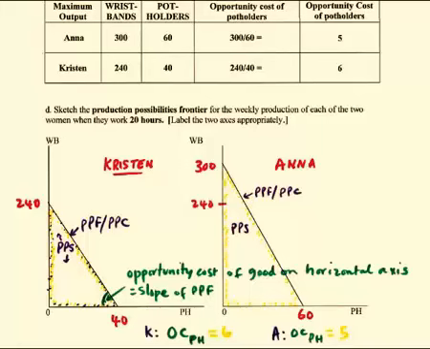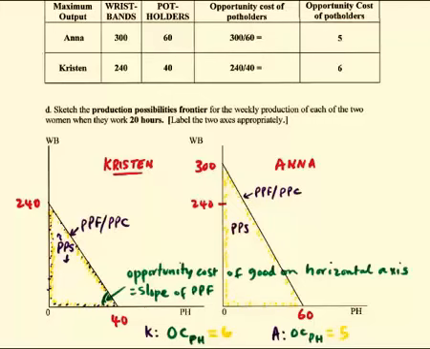Notice that in the case where Anna is absolutely better at producing both products, we are defining the opportunity cost again as the slope of the production possibilities frontier, and we're saying that the cost or the foregone opportunity from producing additional potholders is the quantity of wristband production that is given up for each additional unit of potholders.